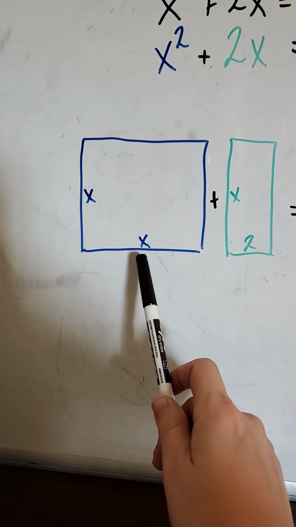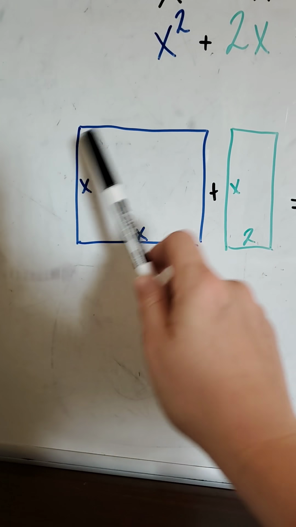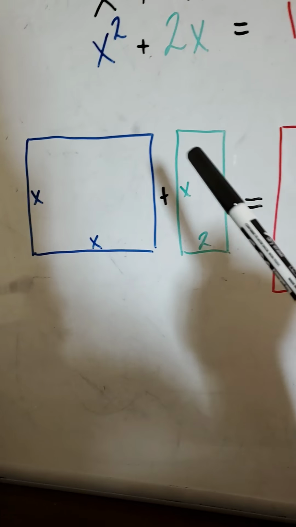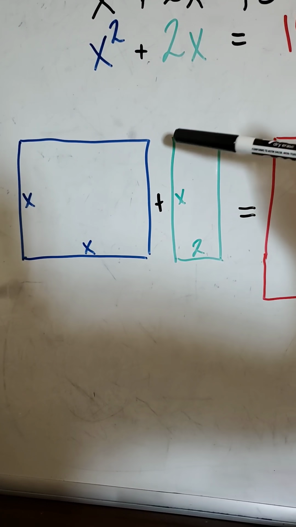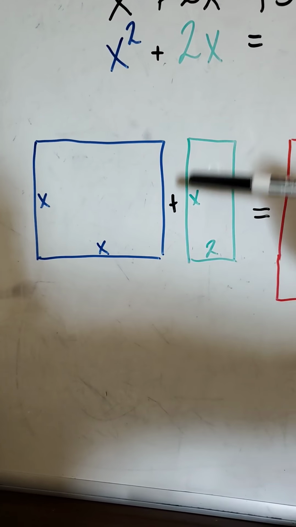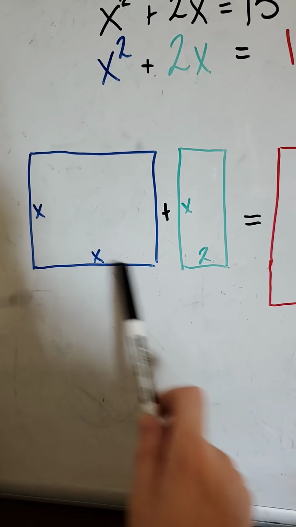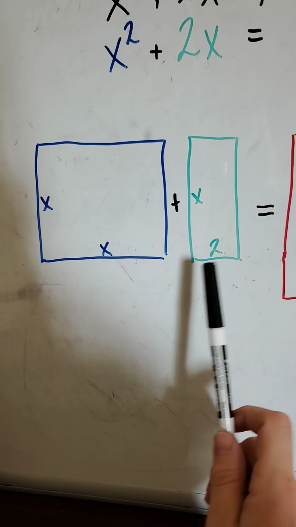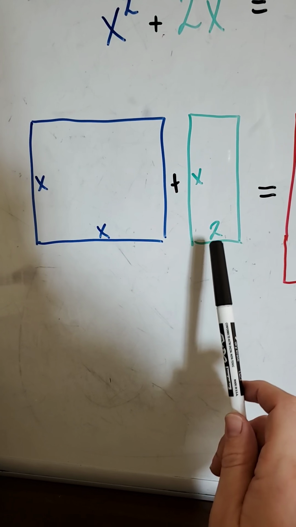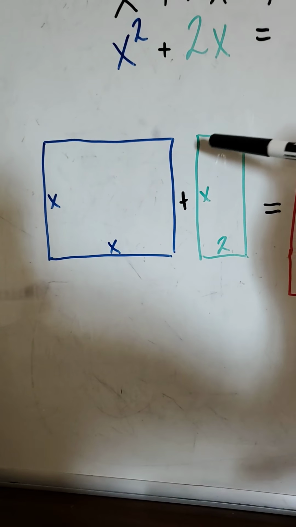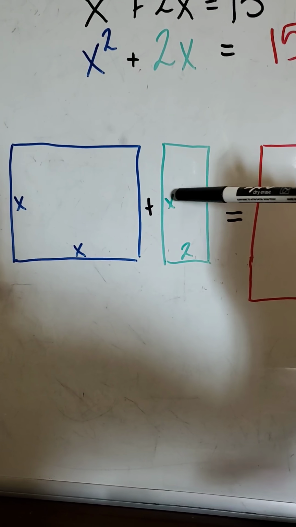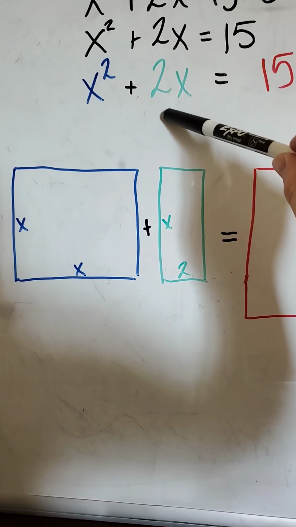In this case, the side length is x, so the area is x squared. There's a rectangle right here where x is still the same length, and instead of another side length of x, this side length is 2. So the area of this rectangle is x times 2, or 2x.